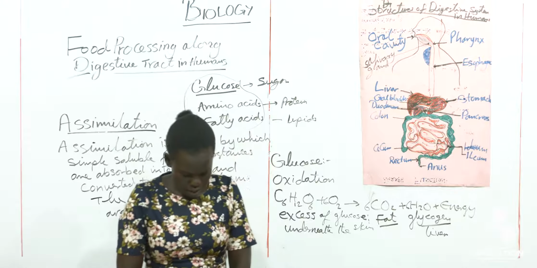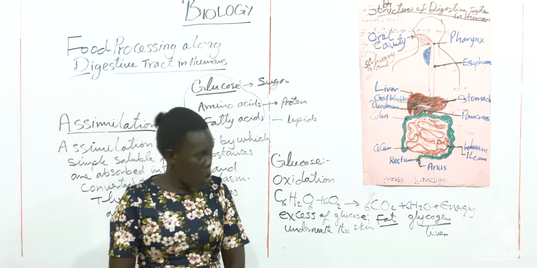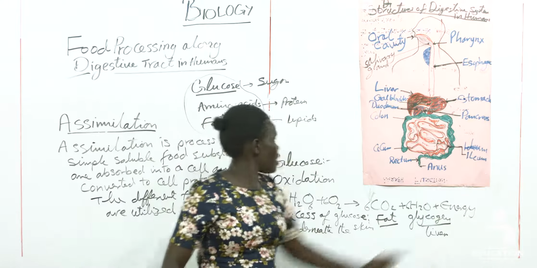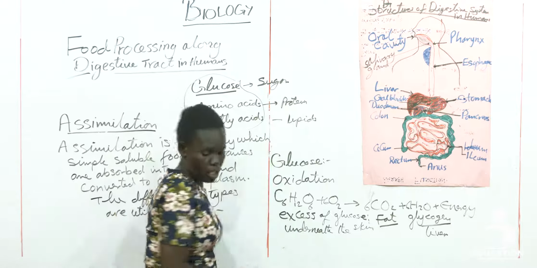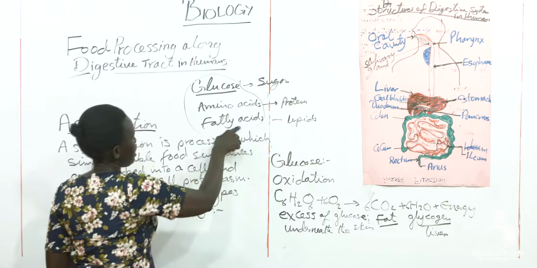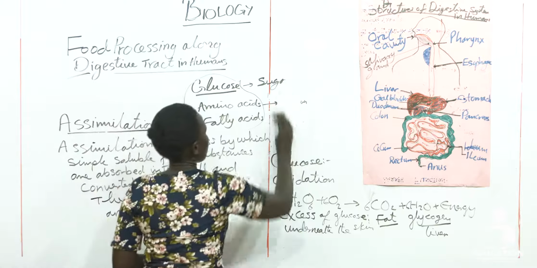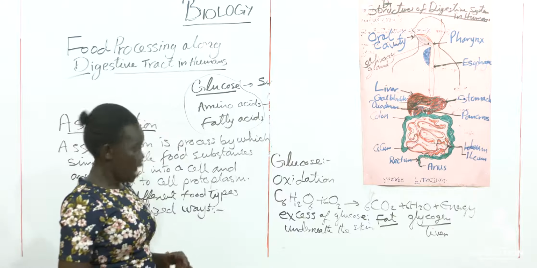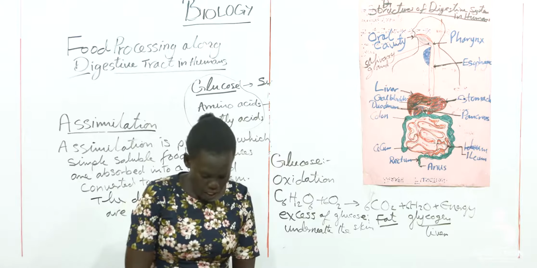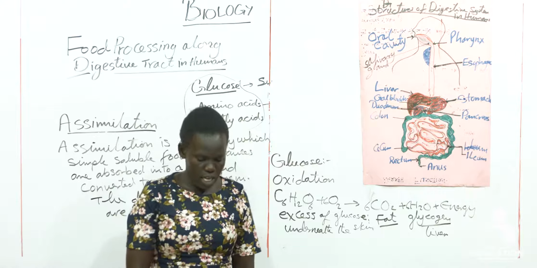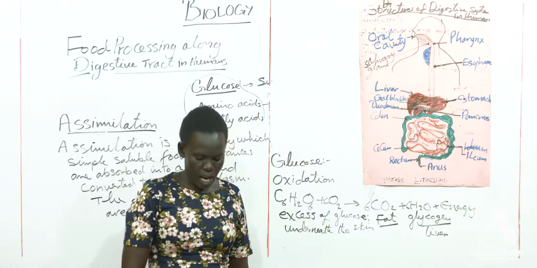Fatty acid, they also oxidize to release energy. Fatty acids, these lipids, like oil and fat. The fatty acid here is also oxidized to release energy. Then the excess of this is stored in the body as fat under the skin.